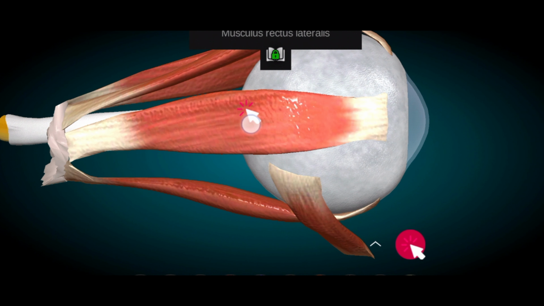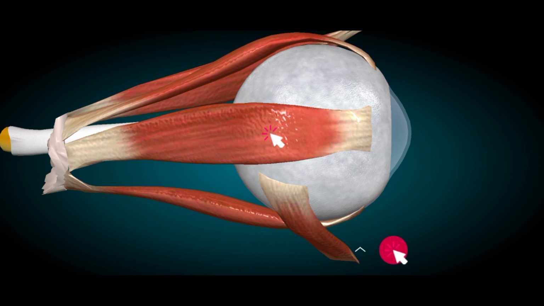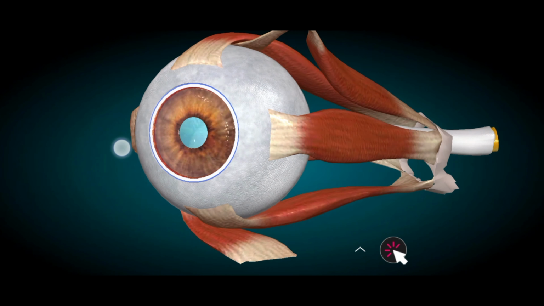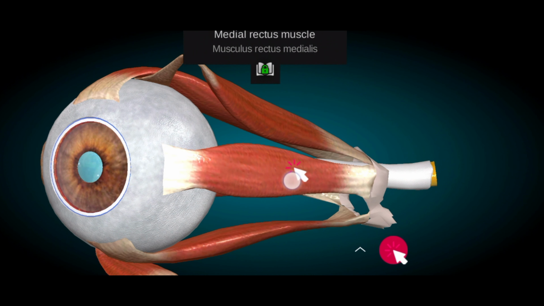Here you can see this muscle on the lateral side. This is called the lateral rectus muscle, and it is responsible for turning the eye laterally. Similarly, in this direction, this is called the medial rectus muscle.